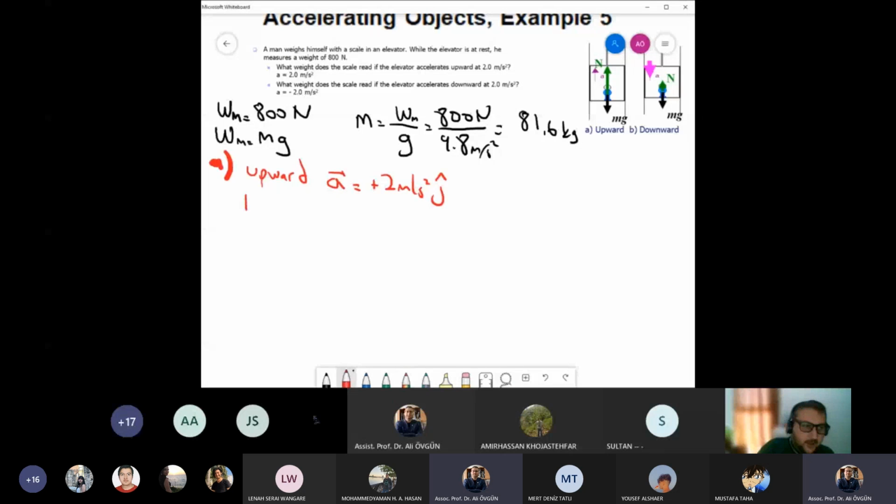First of all, F net is not equal to 0, but it is equal to ma. So what are the forces? One of them is the normal force. I show it by F normal j hat minus mg j hat equal to m a j hat, because it is going upward.